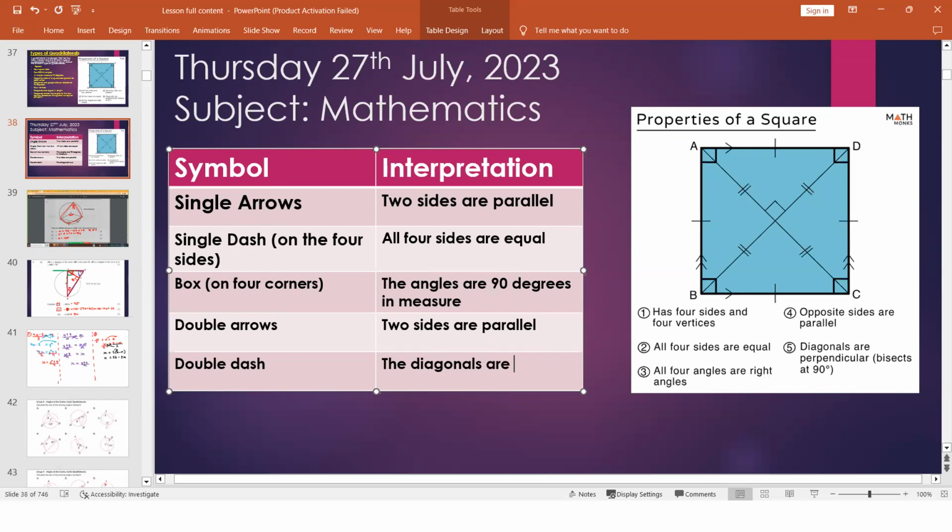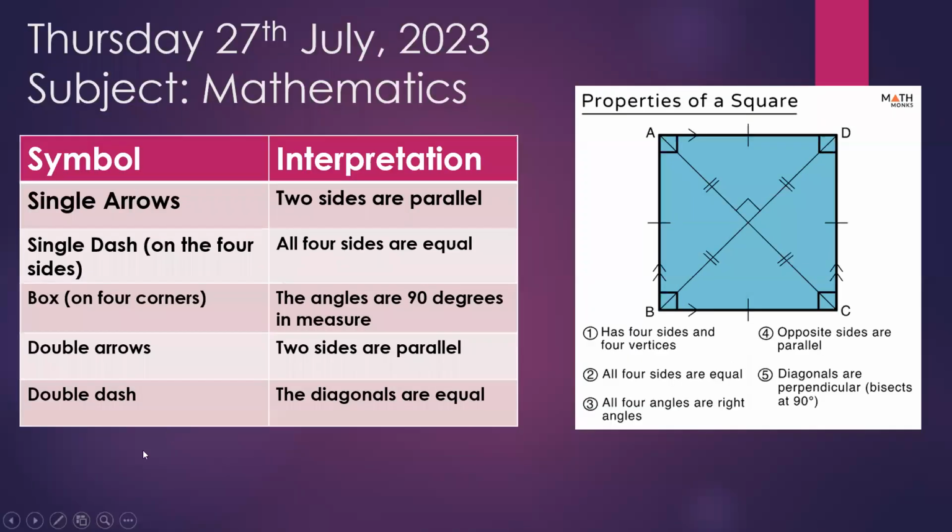Okay. So where's the other double? Showing to me. Okay, so each of these double dashes on each of these lines means that the diagonals are equal.